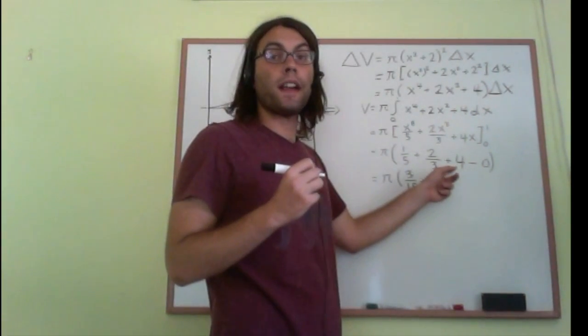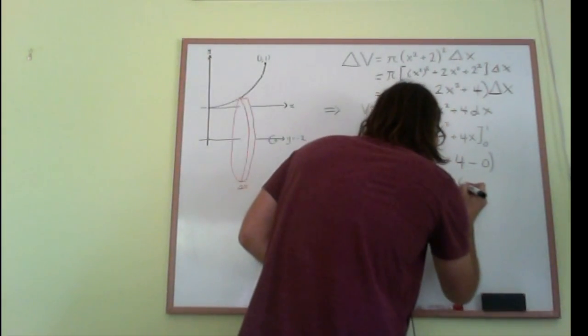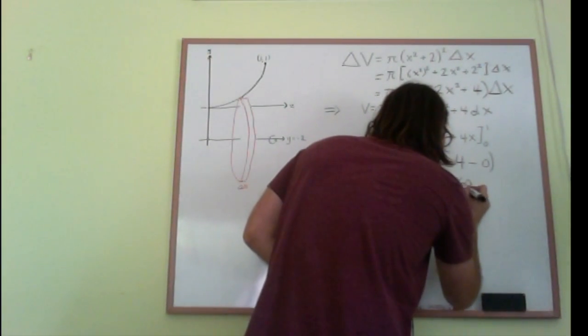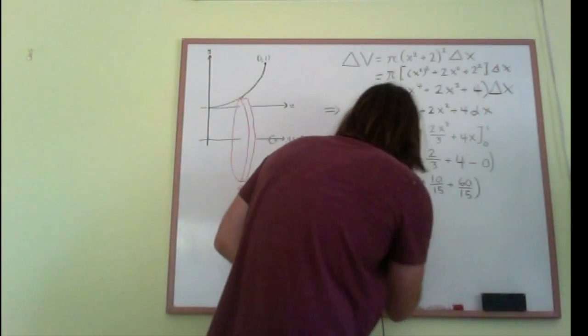And 4 is, of course, 60 over 15. In parentheses.